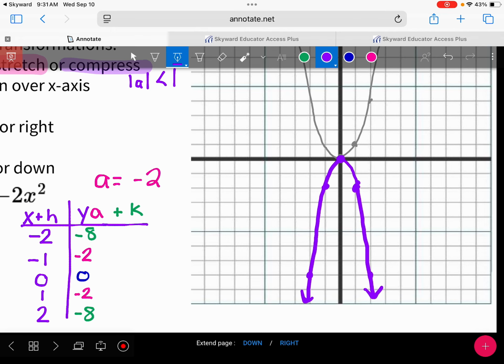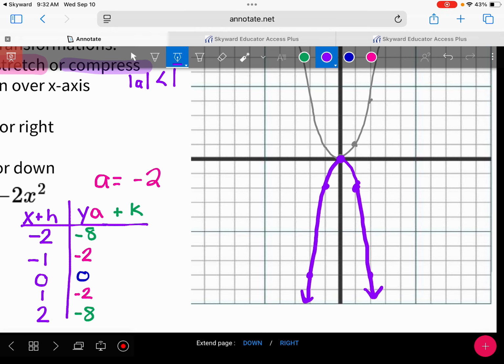And we can look at this and we can see that this has in fact been reflected across the x-axis. This whole thing got flipped upside down. And it's taller. This one was up 1, this one went down 2. It's farther away. So these pieces have been stretched.